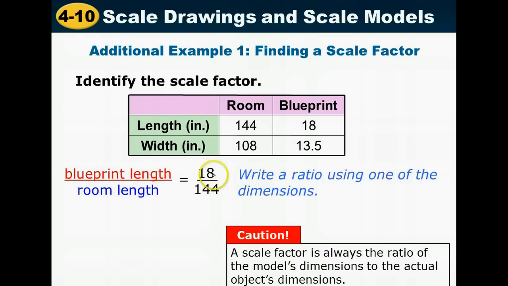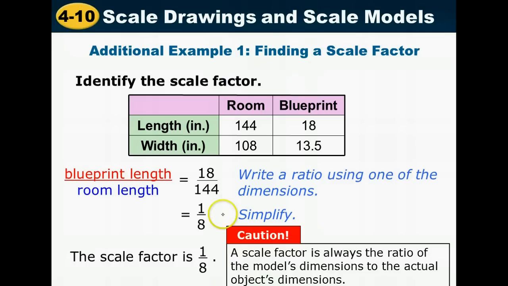Alright, so here it was 18 to 144 inches. And now what we want to do here is to simplify, and this tells me that the scale factor was 1 to 8. What does that mean, 1 to 8? Okay, that means for every 1 inch on the blueprint, it actually represents 8 inches in real life.